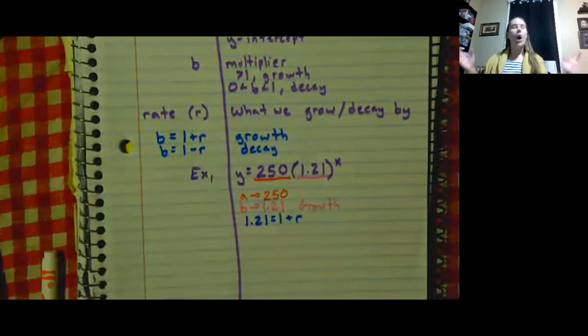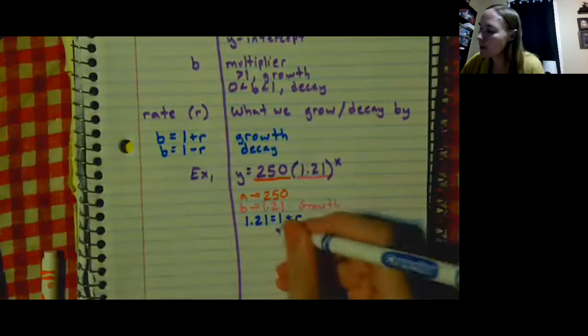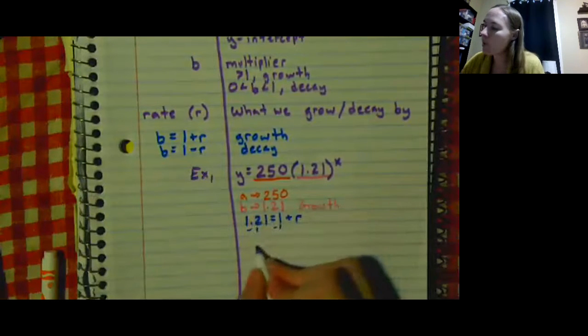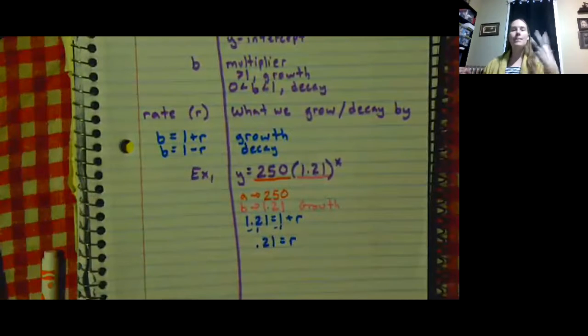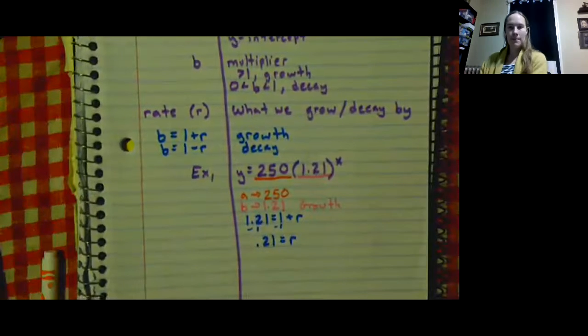Well, we just solve for r, and we know how to solve for a variable. So I subtract 1 from each side, and I have 0.21 equals r. So this means it grows by 21%, because remember, to take a decimal to a percentage, you multiply by 100.